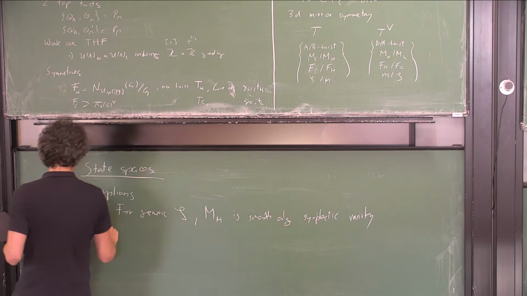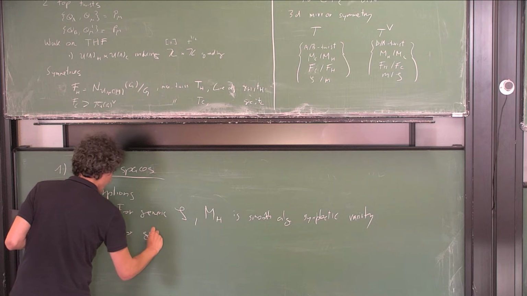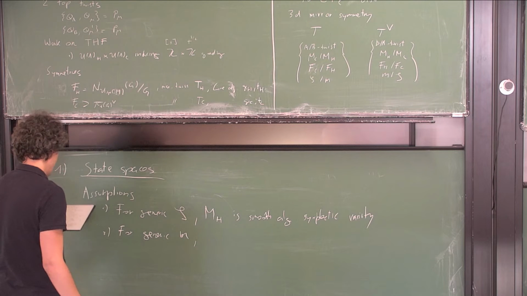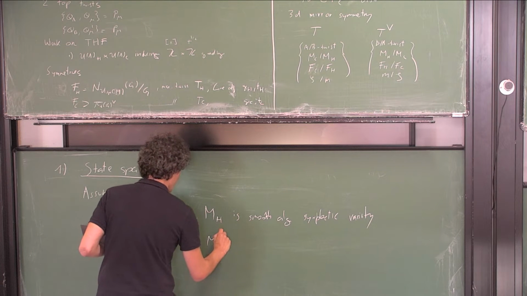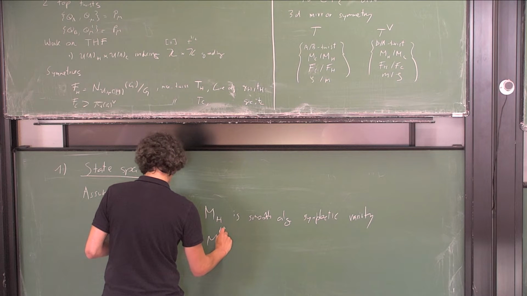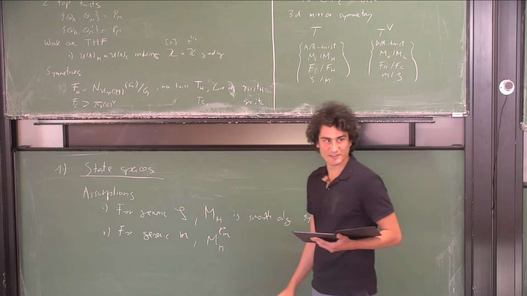And for generic m, the fixed locus of the induced action on this variety has only isolated fixed points.